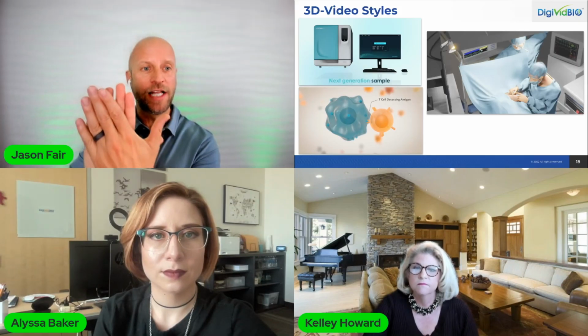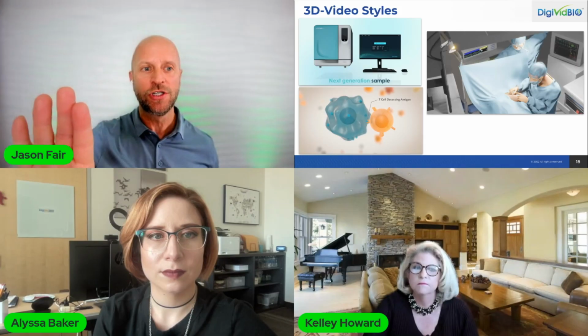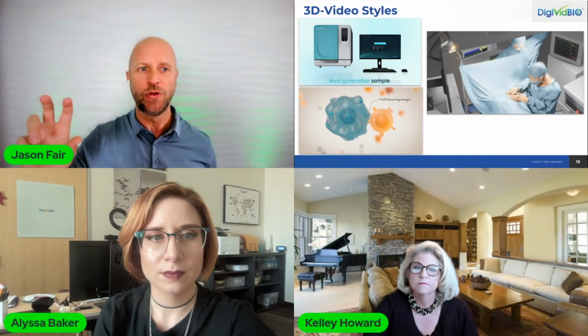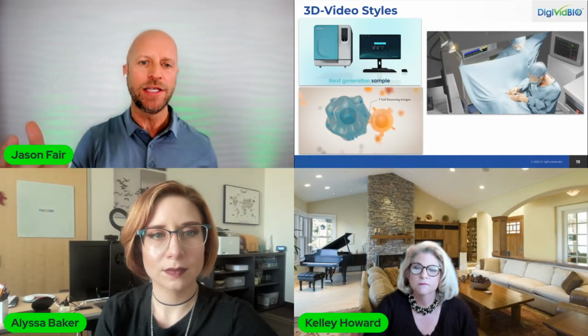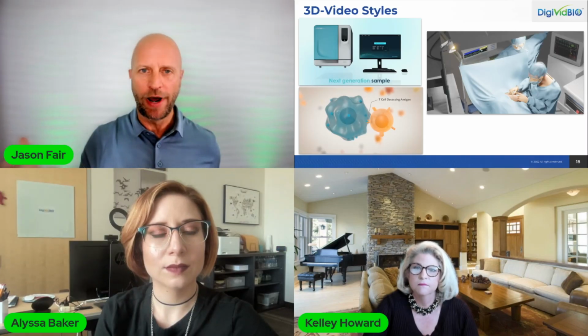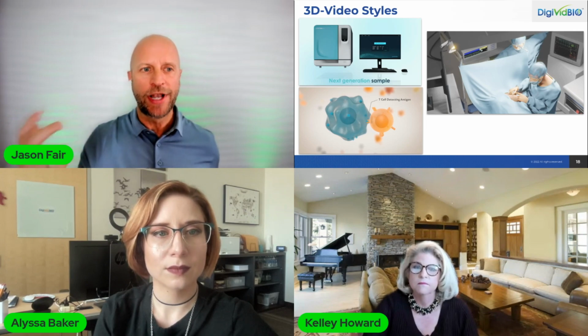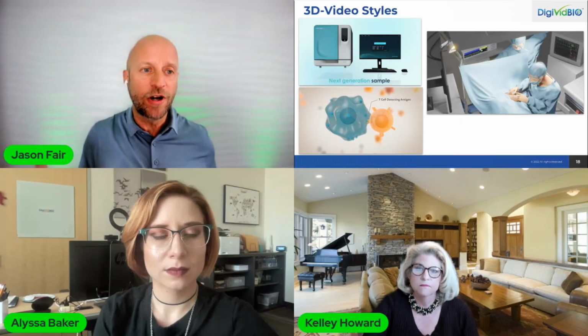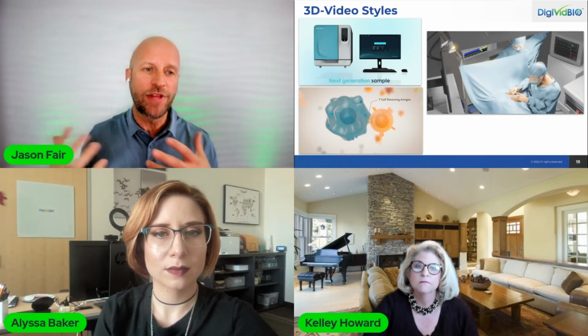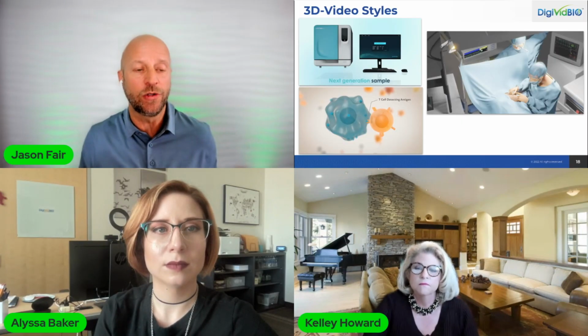So instead of just doing a flat image, this is a 360 view, a 3-dimensional view, where it rotates around. In a lot of cases when we work with clients, medical device, life science, genetic testing companies that have these instruments, we're doing quite a bit of these 3-dimensionals if they want to showcase it as a high-tech solution, right?